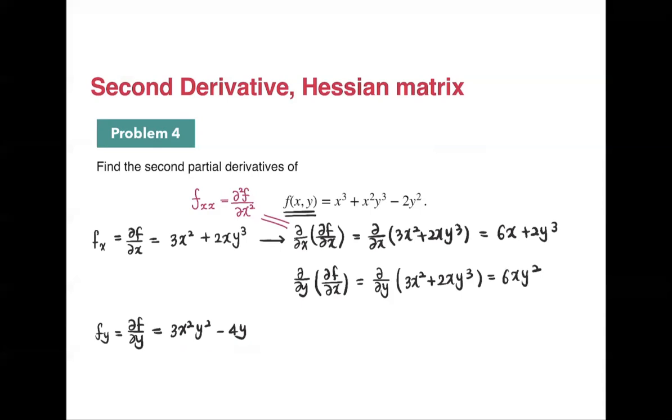Okay. And for this one, we have the notation d2f dy dx, and it is f, x first and then y. It is a little bit confusing, but you can see that you first differentiate with respect to x here, and then y.